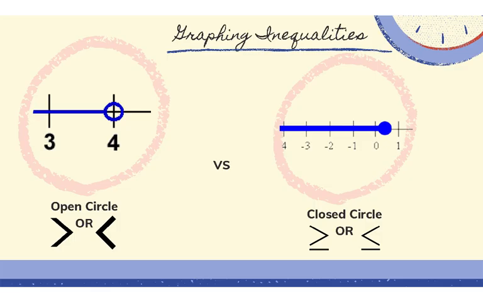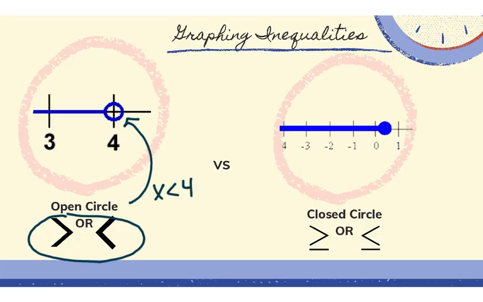When we are looking at just greater than or less than symbols, we graph the solutions with an open circle. So this particular example would represent x being less than 4. Our solutions would be everything less than 4.